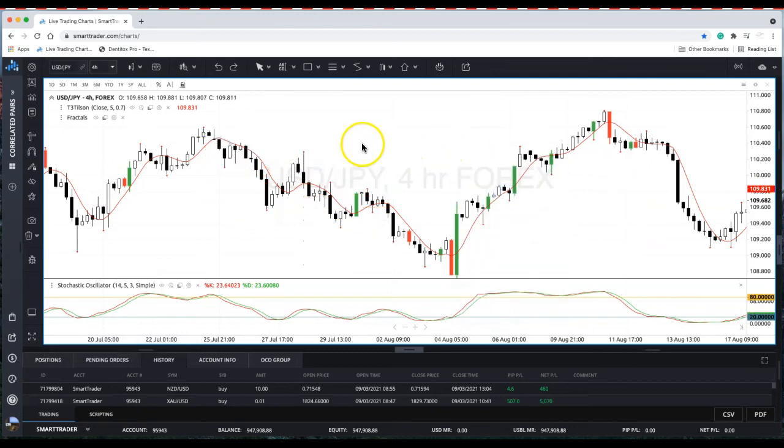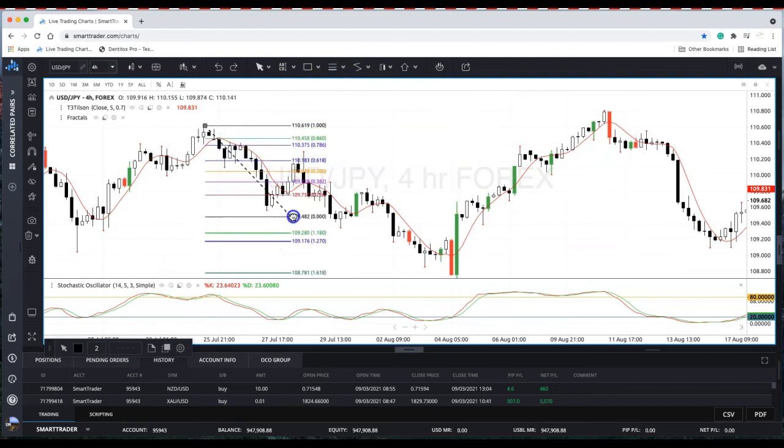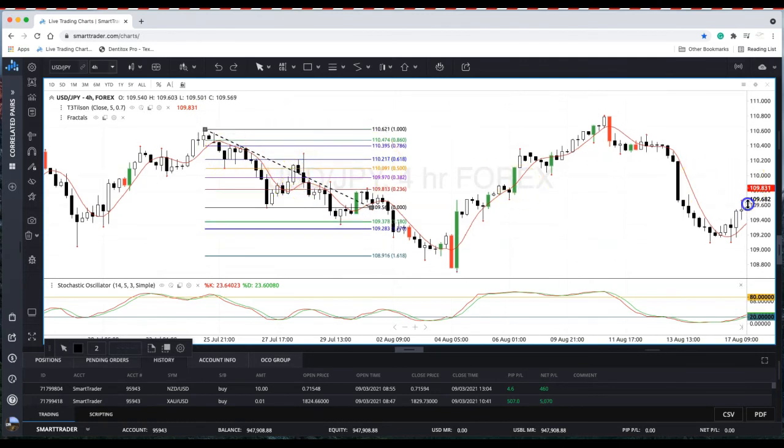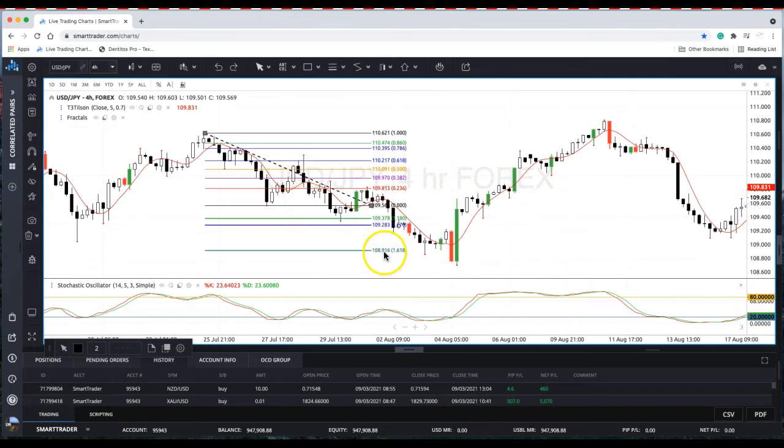But at one point, if you took this Fibonacci tool and drew from the swing high to swing low, all this would have been colored in, and I'll show you an example of that, and it would show you where price would finally hit support and finish this A, B, C, D pattern. Okay, so here's A, B, C, and then finally D.